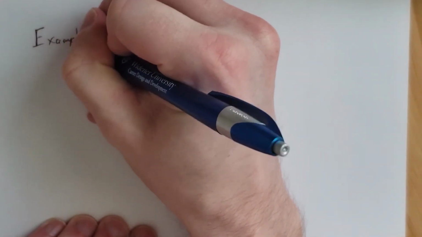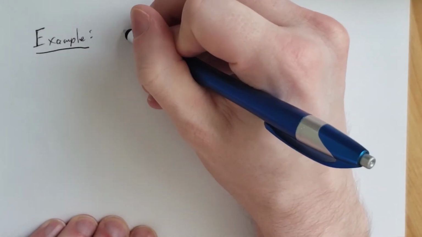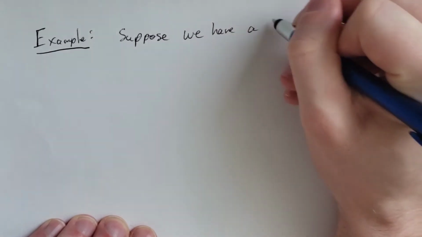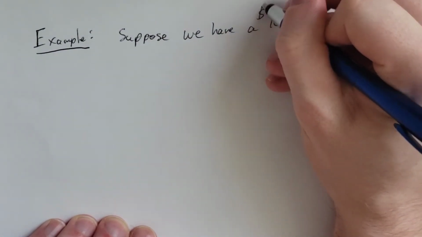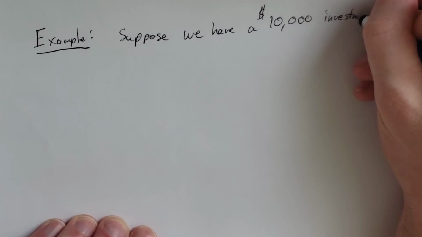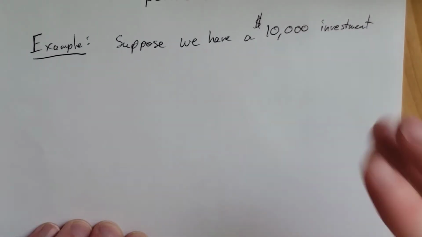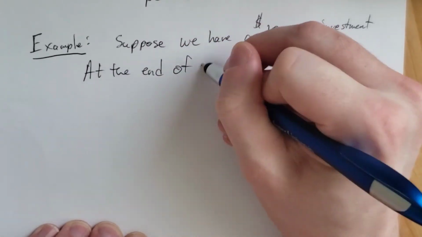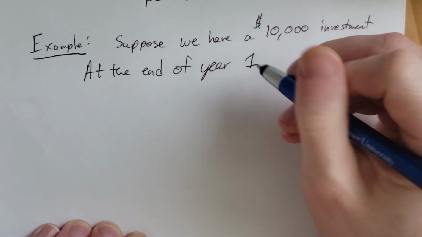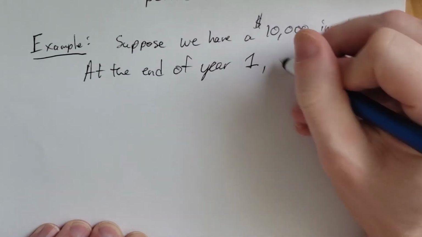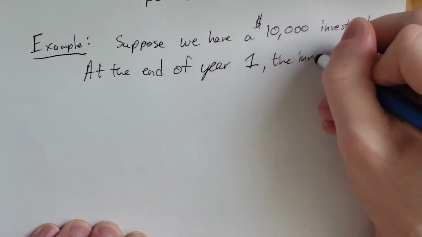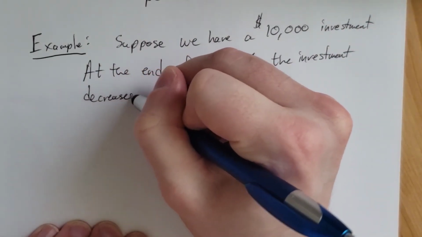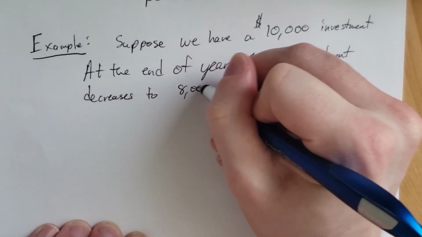So our example says, suppose that we have a $10,000 investment. At the end of year 1, the investment decreases to $8,000.